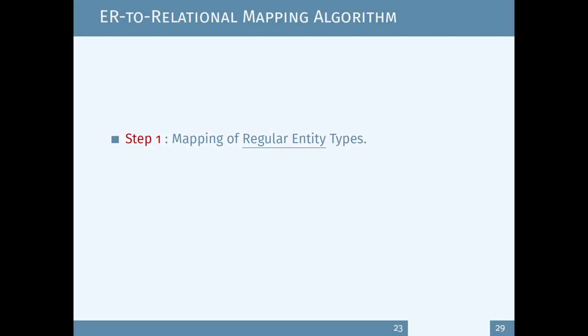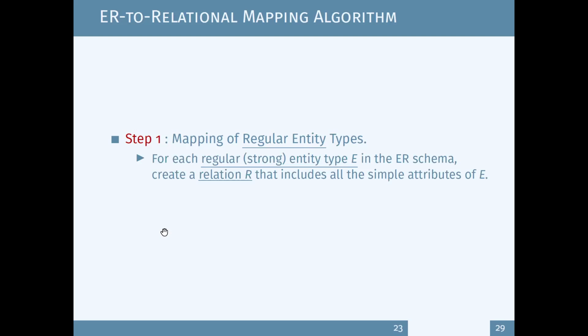So if you want to map regular entity types, here are the steps. First one, for each entity, we create a relation and we include all the simple attributes.